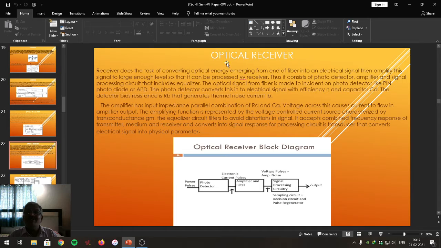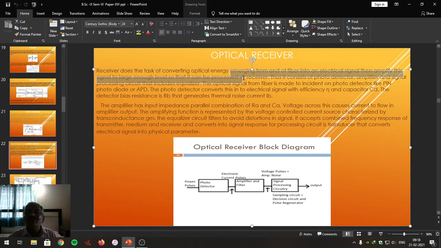Students, a receiver is a device which is capable of receiving the optical energy and converting it into the corresponding electrical signal, and it is provided at the destination. As far as the optical receiver is concerned, it has to begin with the optical detector, that is a photodetector, especially a photodiode.